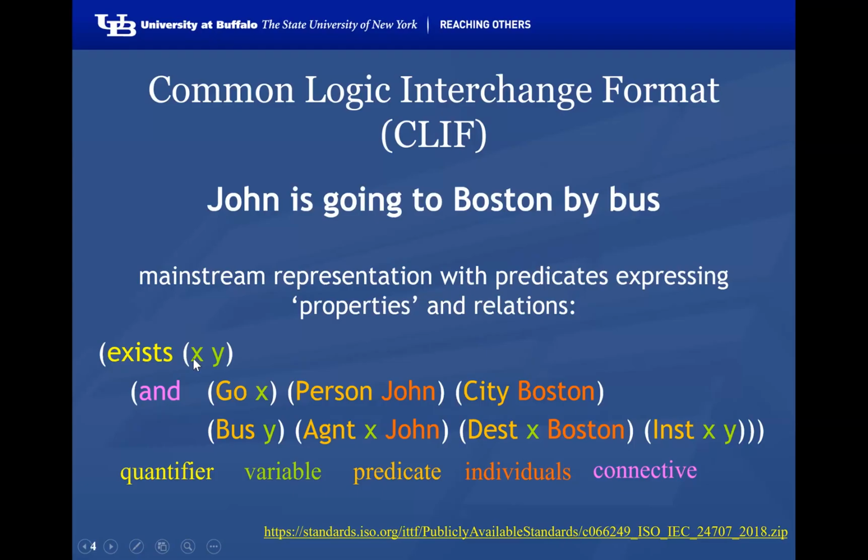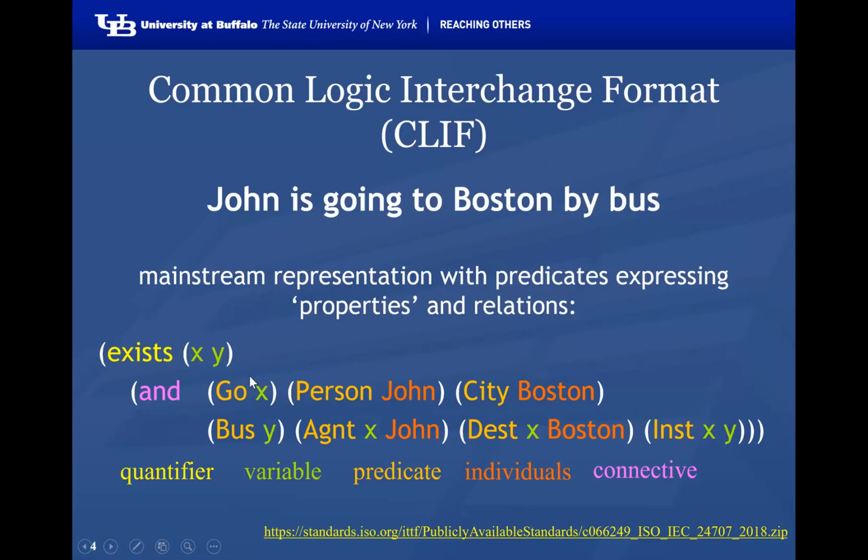So in this case, the statement is translated as: there exists an X and a Y, and all this is the case. What is the case? X is a going, John is a person, Boston is a city, Y is a bus, John is the agent of X, Boston is the destination of X, and X is the instrument of Y. Or the other way around, Y is the instrument of X.